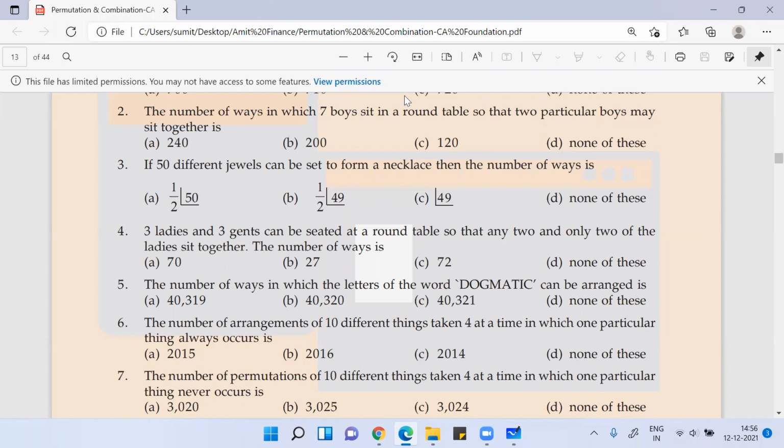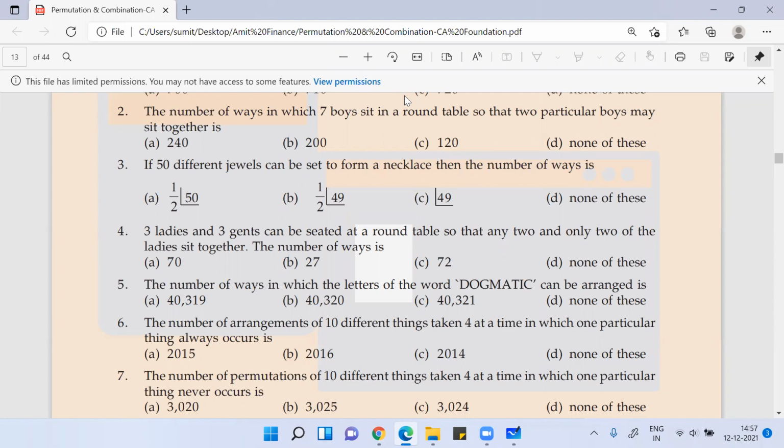The sixth one: the number of arrangements of 10 different things taken 4 at a time, in which one particular thing always occurs. So one particular thing always occurs, so you just need to choose 3 things, because one thing is always coming.